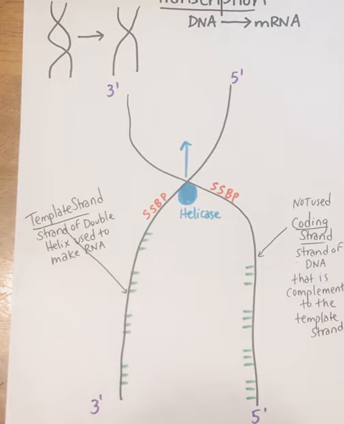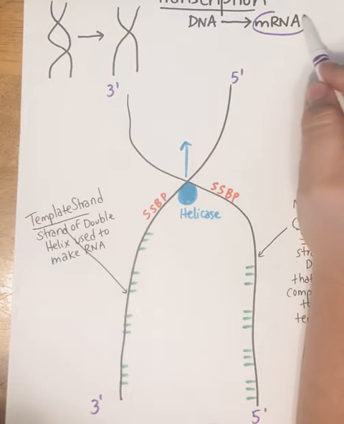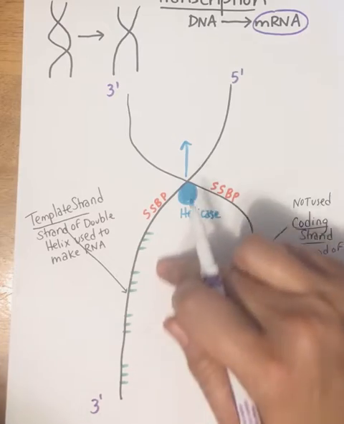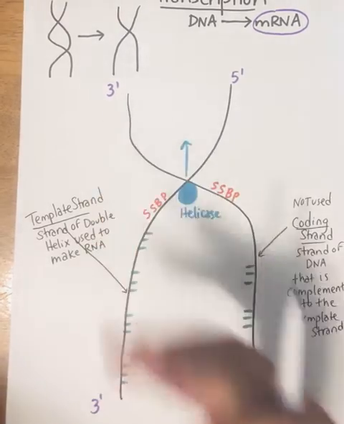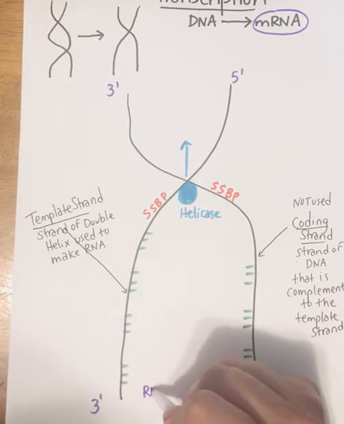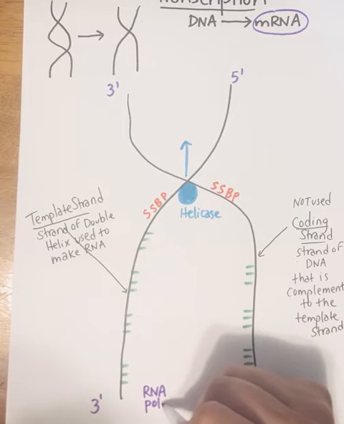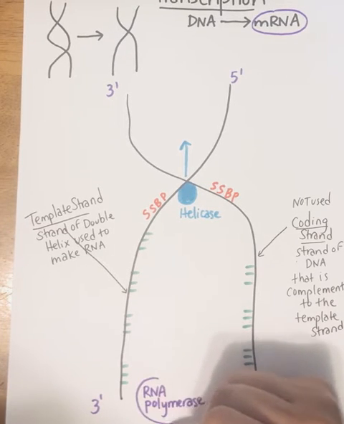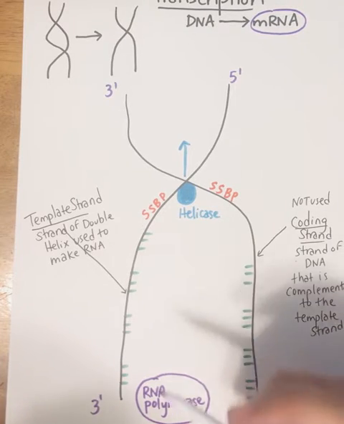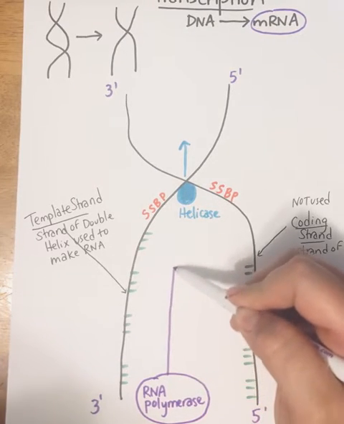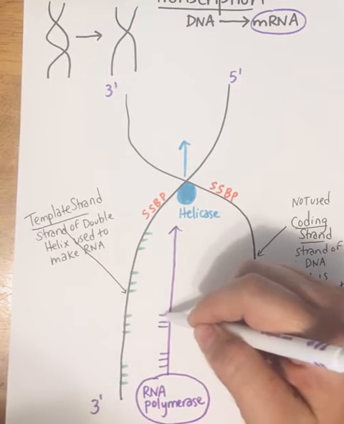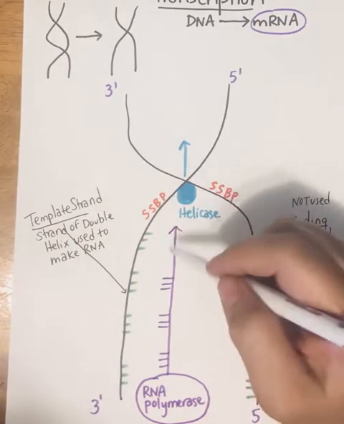Now, we've already talked about the enzyme that makes RNA as RNA polymerase. So the side that we always use is the left side because it's easier. So RNA polymerase, and during replication, RNA polymerase is also called RNA primase. But during transcription, RNA polymerase is going to build a new strand of RNA that is complementary to the template strand.